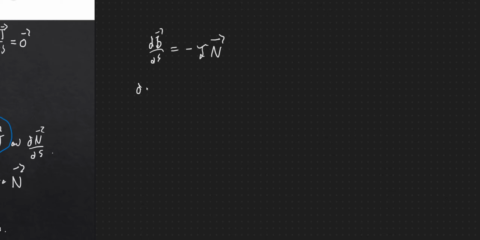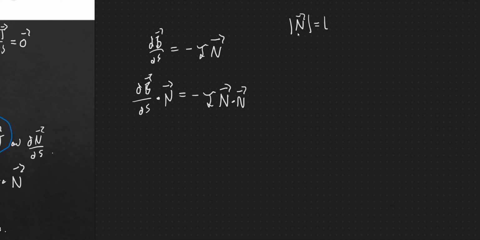If I take a dot product on both sides, so dB/ds dot the unit normal vector, that's going to be minus tau scaling N dot the unit normal vector. And now here I have N dot N. And remember that the magnitude of N, it's a unit vector, is 1. And also remember that N dot N, this is true for any vector, if I dot it with itself, we've used this fact a couple times, it gives me magnitude squared.